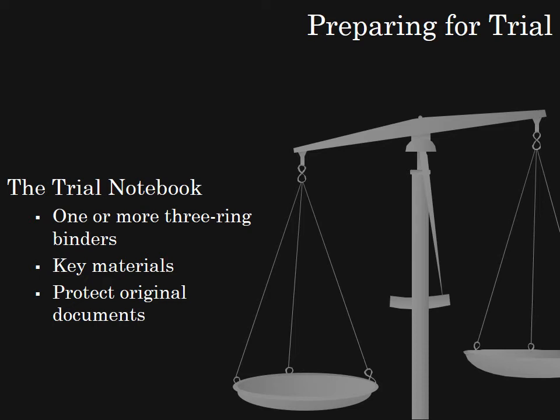It could be a OneNote notebook on the computer, or using one of the legal software applications that exist, where you're organizing everything in a binder or in that file so that it can easily be located and relied on, ready for the attorney, whether they're impeaching a witness or pulling up an exhibit or whatever it might be, so that they can easily get to it. And it has an index or table of contents.